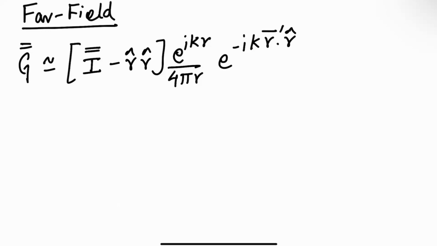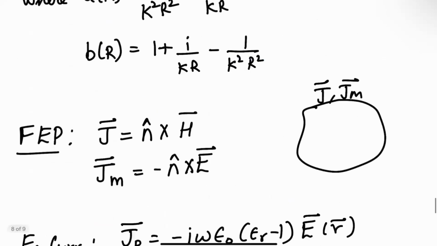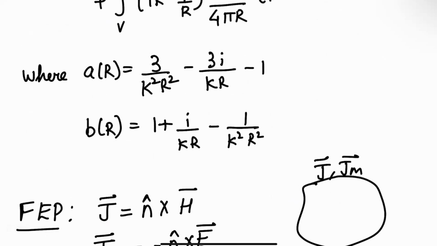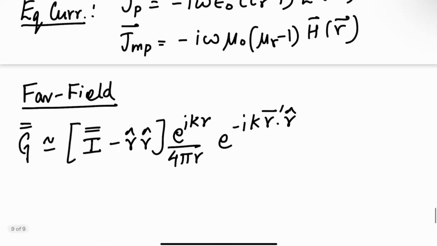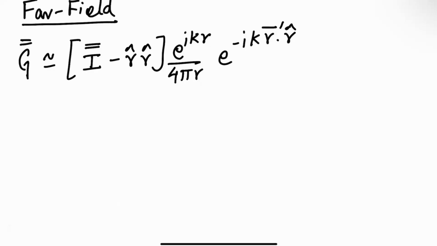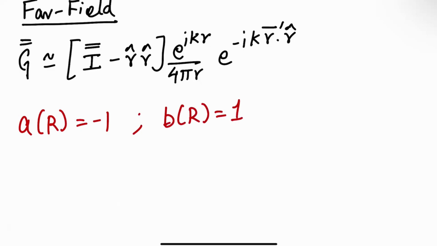One more thing: if you go back here, essentially that's like saying that a of r is equal to minus 1 and b of r is equal to 1. So we'll also make those approximations. Let me write that down: a of r equal to minus 1, b of r equal to 1, capital R hat equal to r hat, and capital R equal to r minus r prime dot r hat.